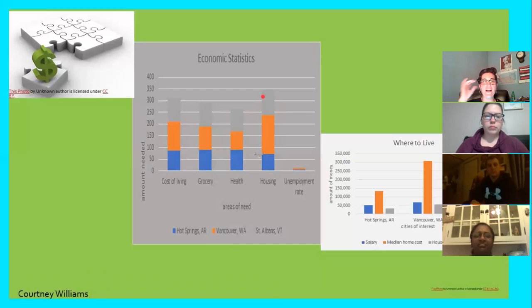So I don't know why it costs that much. Maybe because they're closer to Canada. I'm not sure. But anyway, it was interesting to use the statistical population and statistical data to compare those different cities.